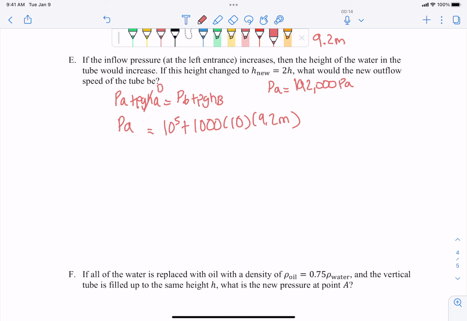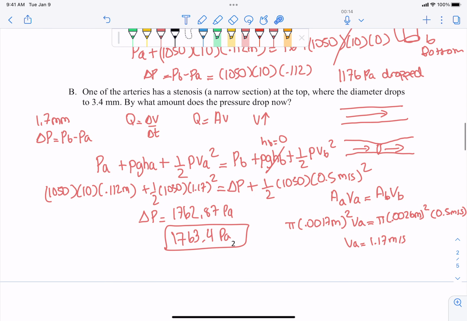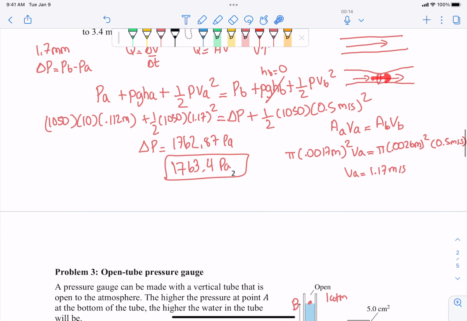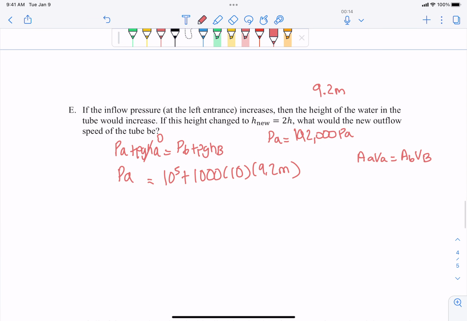So I can think about the continuity equation again. I know that AA times VA is equal to AB times VB, because I know that the speed is going to change one way or another because I'm changing the pressure. And going back to that whole artery question, if I want to increase the speed, I have to change the pressure somehow. So I want to see how that speed is going to change as a result.